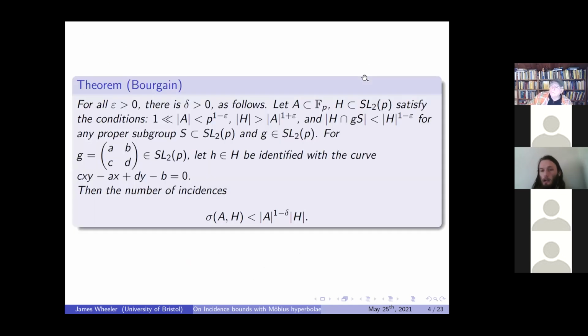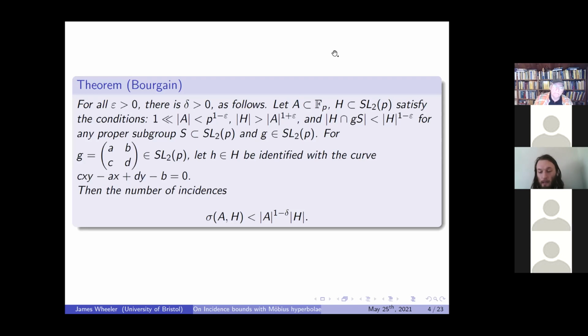Anyway, before we get on to my results, we'll have a look at what people have previously done in the area. The first of two results we're going to look at, since hyperbola aren't quite as popular as point and line incidences, is this theorem due to Bourgain. A few differences from our setup: this works for a 3-parameter family of hyperbola rather than just our translates.